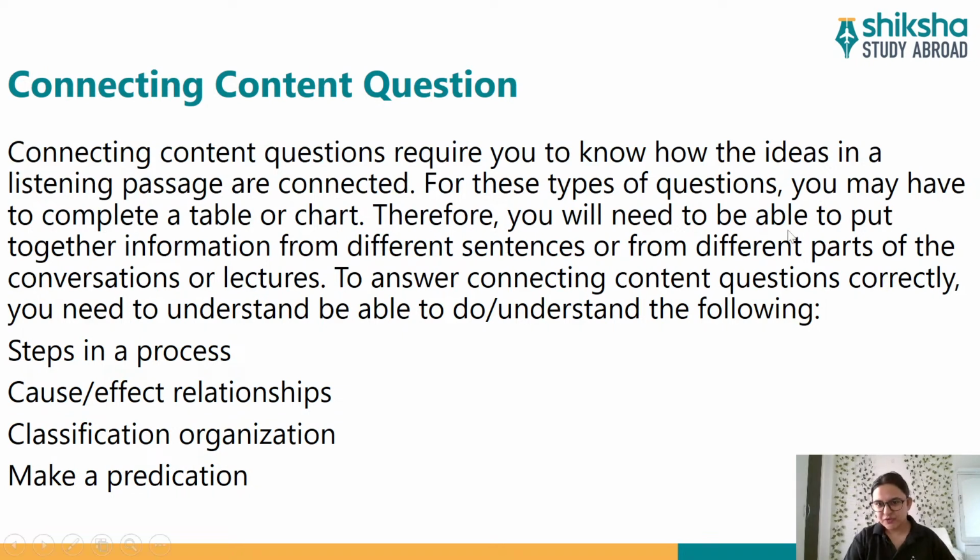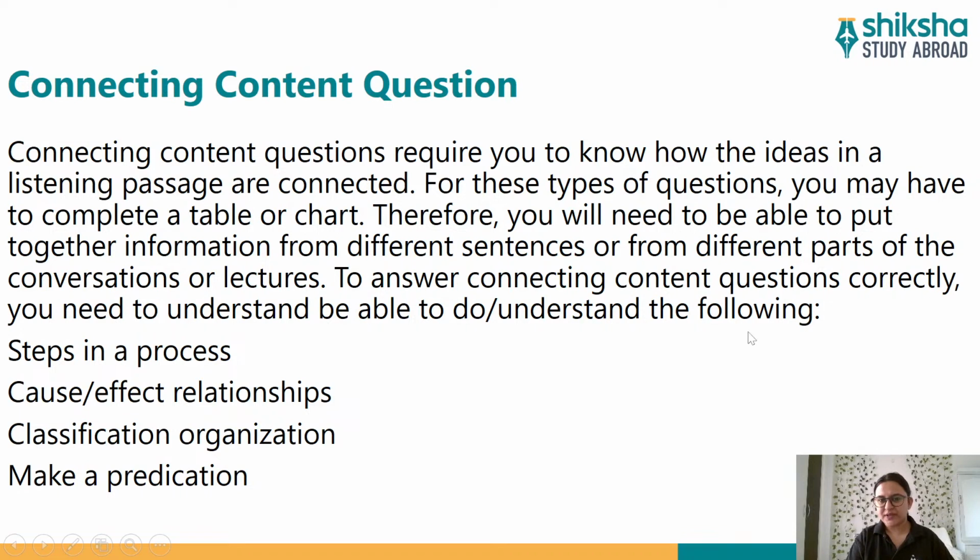For these types of questions, you may have to complete a table or a chart. So basically you will be given a table or chart to complete. Therefore, you will need to be able to put together information from different sentences or different parts of the conversations or lectures.